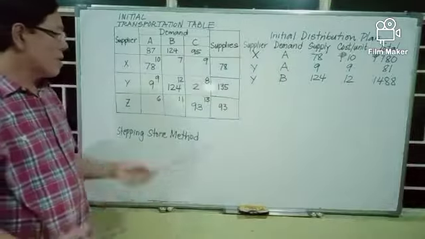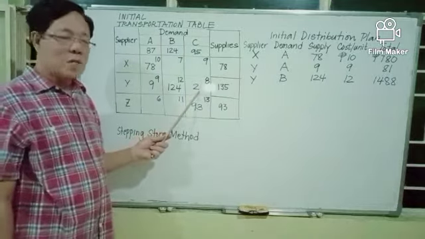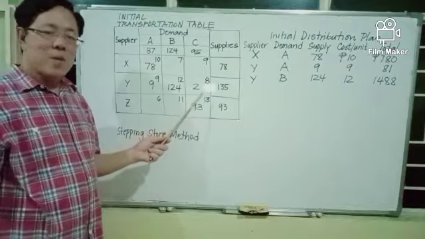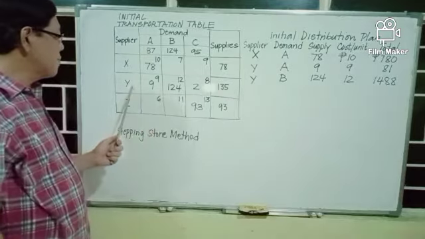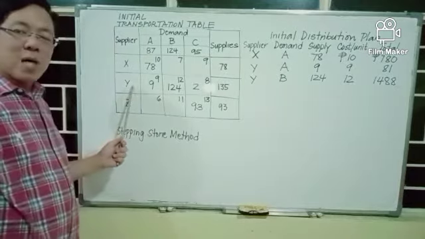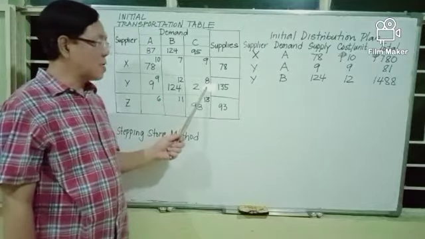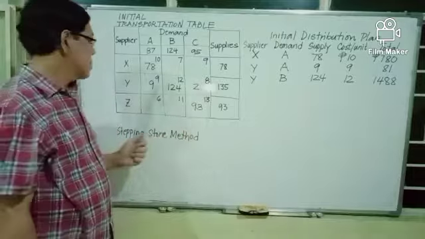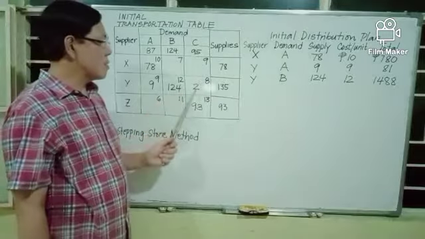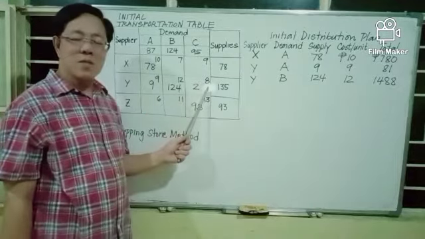Next occupied cell is this cell with 2 units. That means we supply 2 units from supplier Y to customer C. We give 2 units at 8 pesos per unit. We have Y to C, supply 2 at 8 pesos per unit.